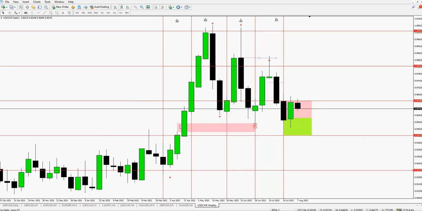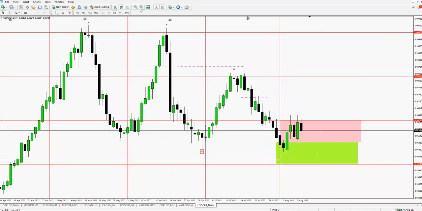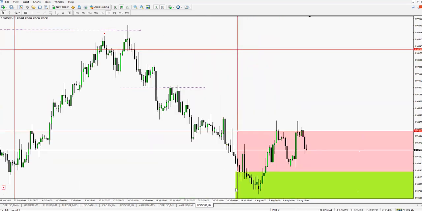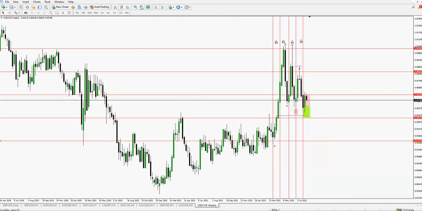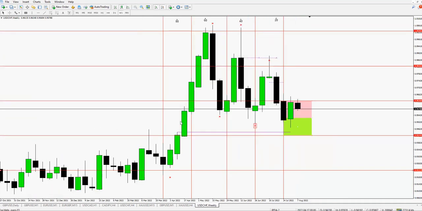So this actual BISI is closed, because if you look there, there it is. And look on the daily, price traded even on the 4-hour into that zone with that wick. So that was actually closed on the weekly chart, this BISI over here.